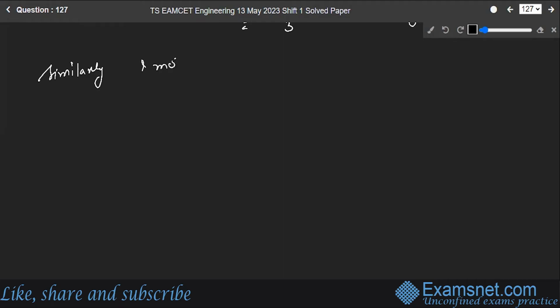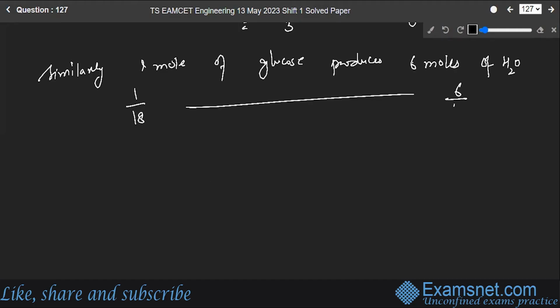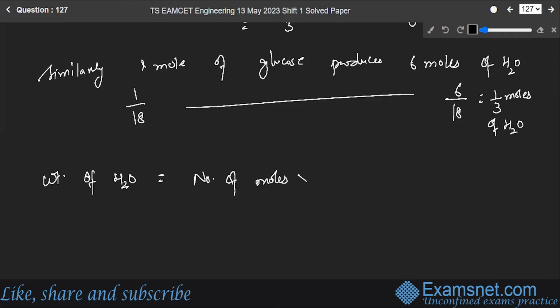Similarly, 1 mole of glucose produces 6 moles of water, and 1 by 18 moles produces 6 by 18, that is 1 by 3 moles of water. So the weight of water will be equal to number of moles multiplied by its molecular mass.